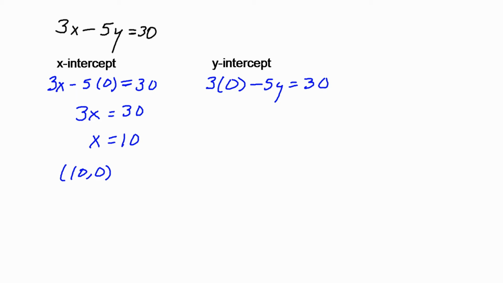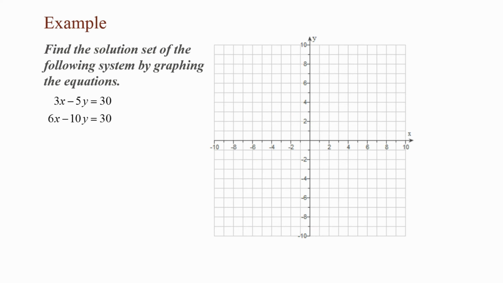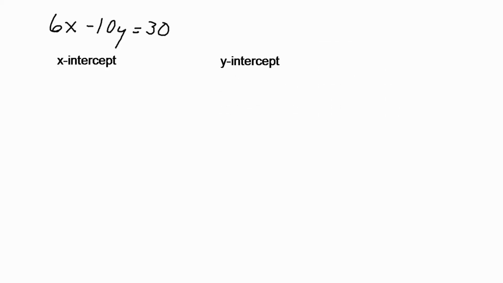Or I can start with -5y equals 30. Divide both sides by -5, and y equals -6. The y-intercept is 0, -6. So to graph this line, I want to plot the points 10, 0, and 0, -6. So now we have our first line graphed.